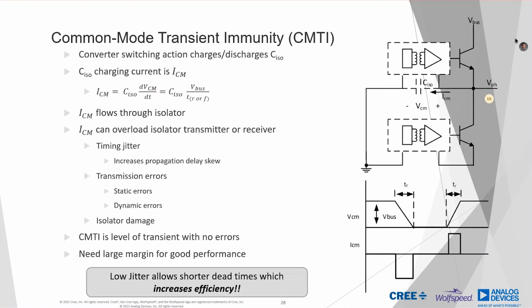But there is going to be capacitance in the isolated gate drive and power supply that are going to be present. You want to minimize those, but you're still going to have them. And the switching action is going to charge and discharge this capacitor. So you're going to have a common mode current that flows through the gate drive, through the power supply, anything that's between the switching node and ground.